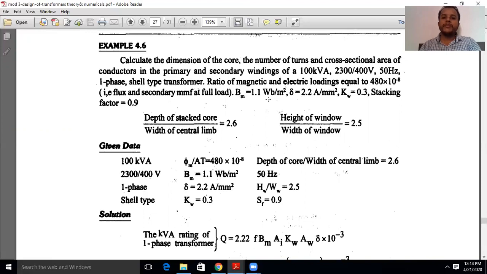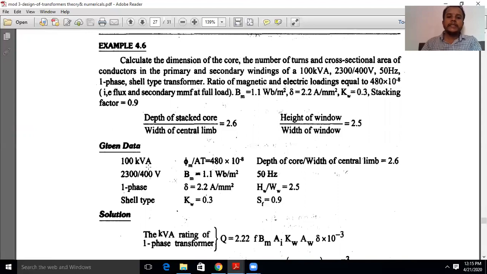BM is equal to 1.1. Delta is 2.2. KW is 0.3. Stacking factor is given. The depth of stacked core divided by the width of the central limb is 2.6, and the height of window divided by the width of the window is 2.5. These are the given data.